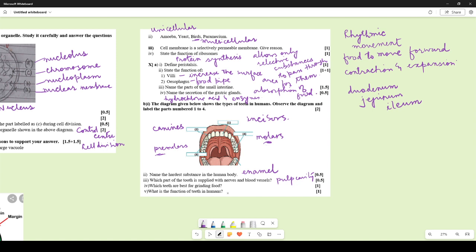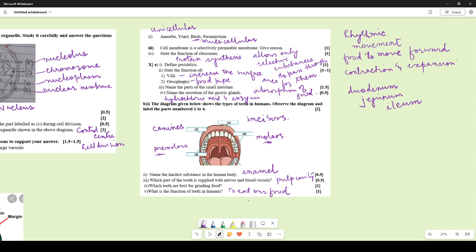What is the function of teeth in humans? Simple. If anybody has written, it helps us to eat our food, then also I have given you marks. If someone has written, it helps us to chew our food, or it helps us to bite the food or tear the food, or grind our food, all of them are correct.